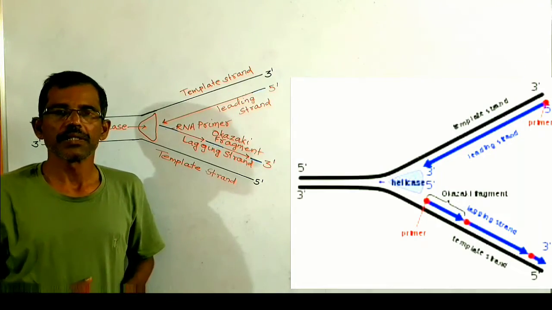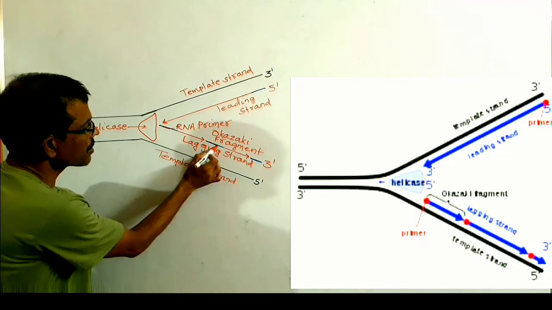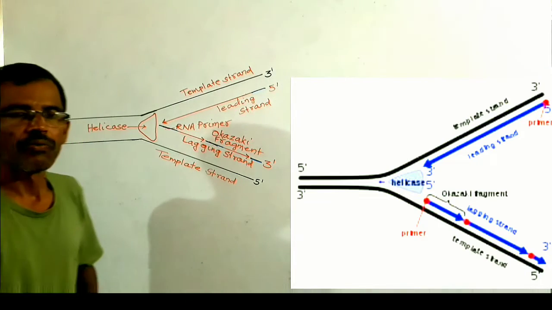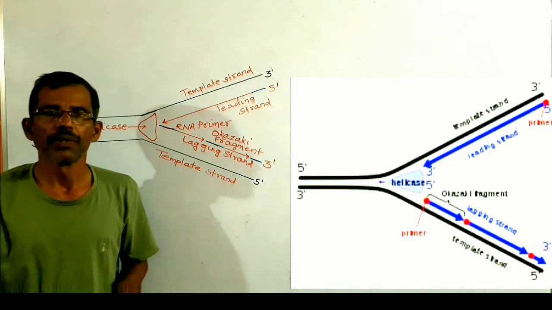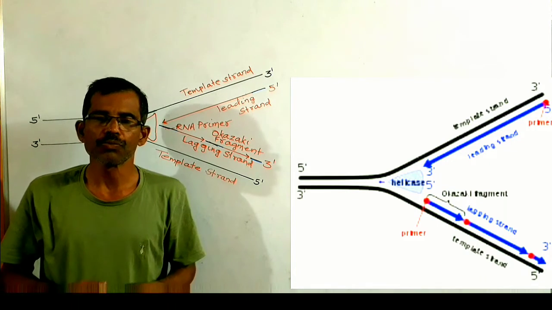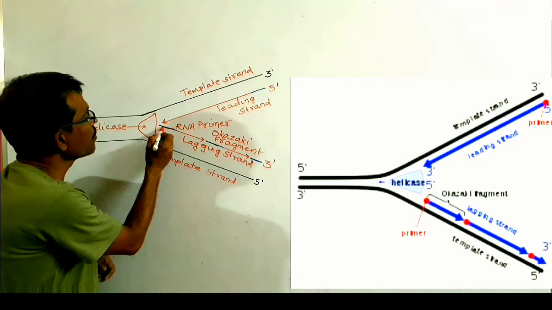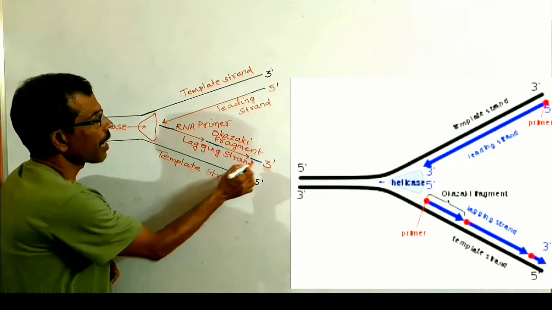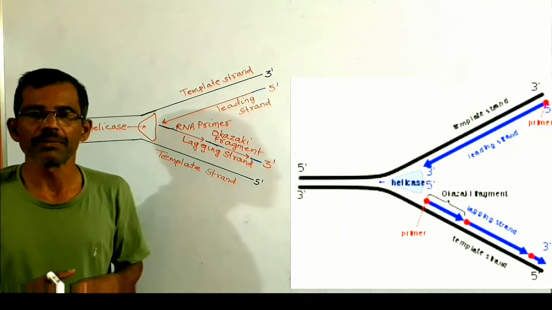After the synthesis of Okazaki fragments, these RNA primers are removed by the 5' to 3' exonuclease activity of DNA polymerase 1. DNA polymerase 1 is another enzyme that catalyzes the removal of this RNA primer by its 5' to 3' exonuclease activity.